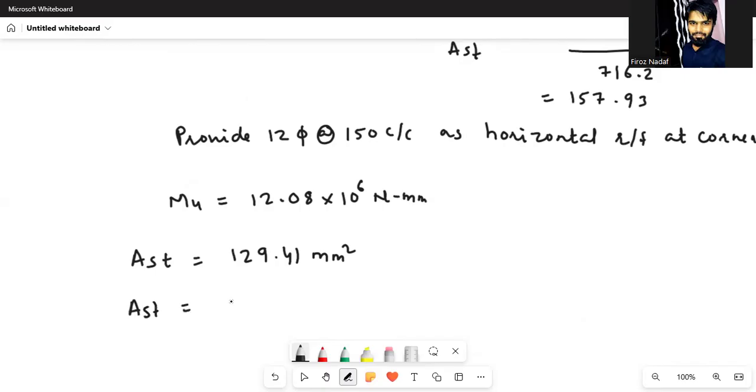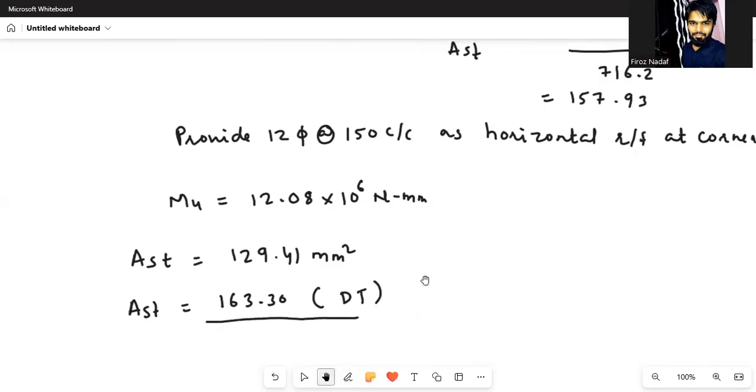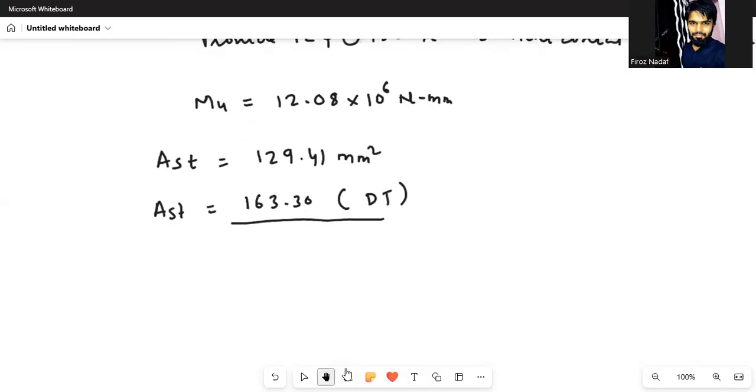We have already calculated it. It will remain same. Okay. 163.30. This is for direct tension. So the total AST for the midspan is 292.71 mm square.